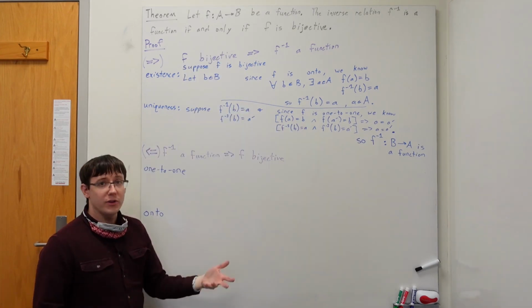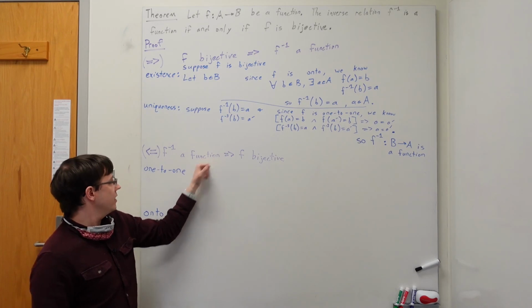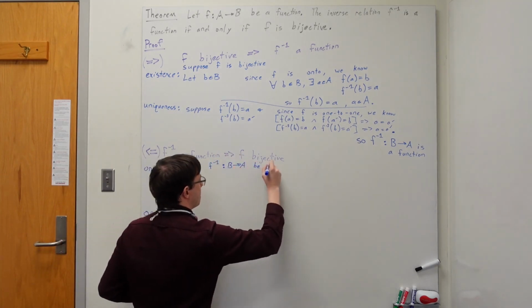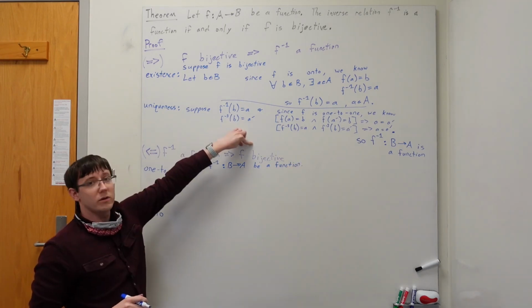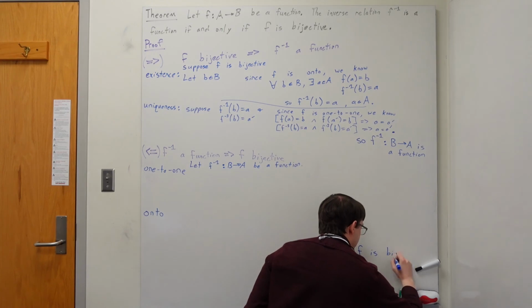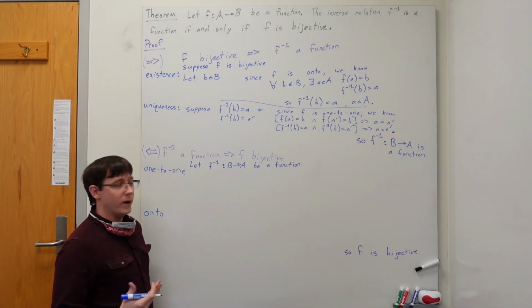For a direct proof in the other direction, we start by supposing our hypothesis. And we want to eventually show that f is bijective. For one-to-one, we want to show an implication, and we'll use a direct proof.